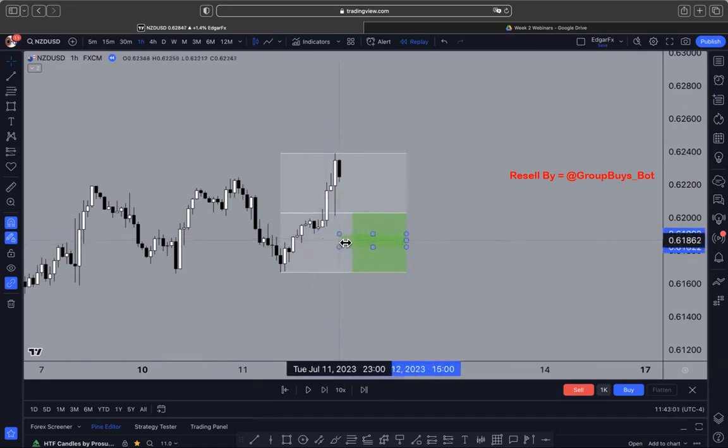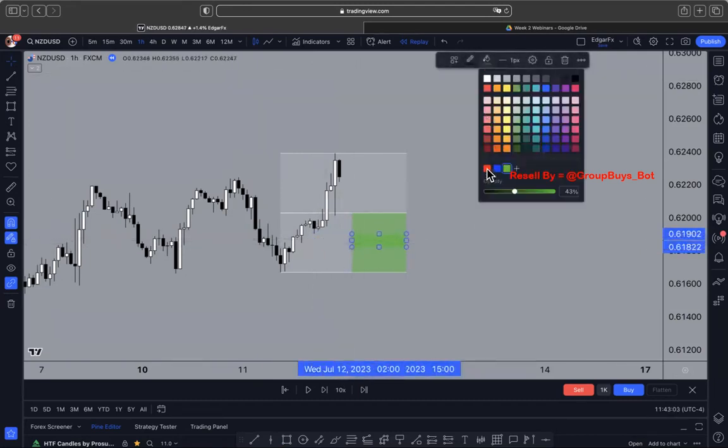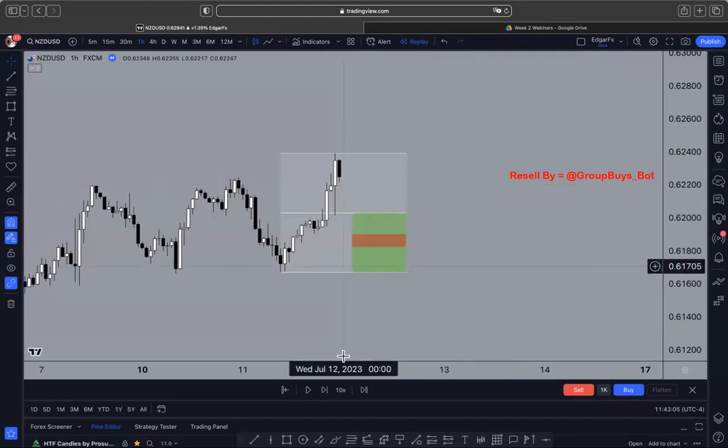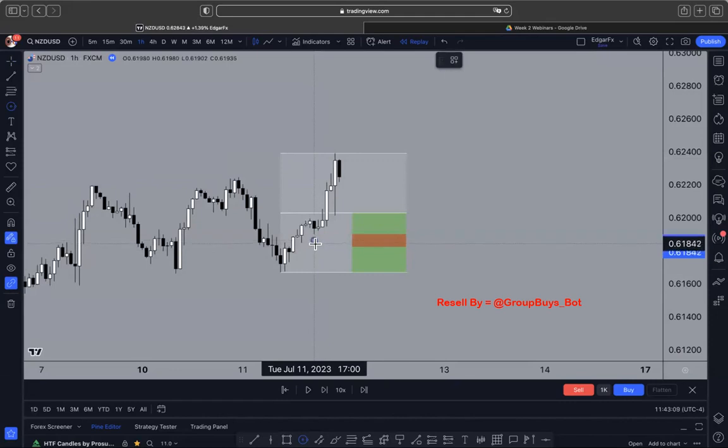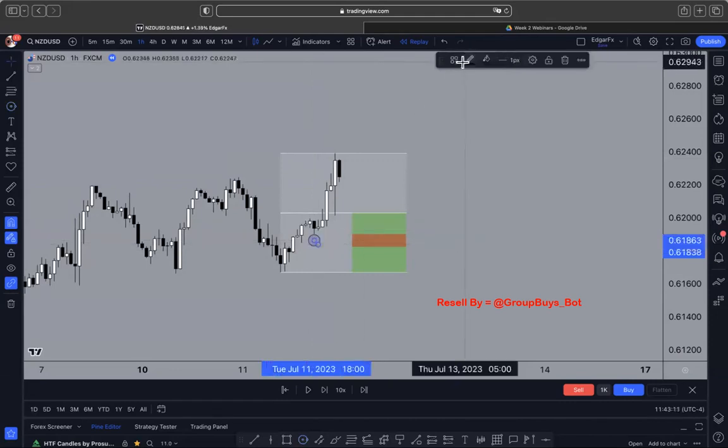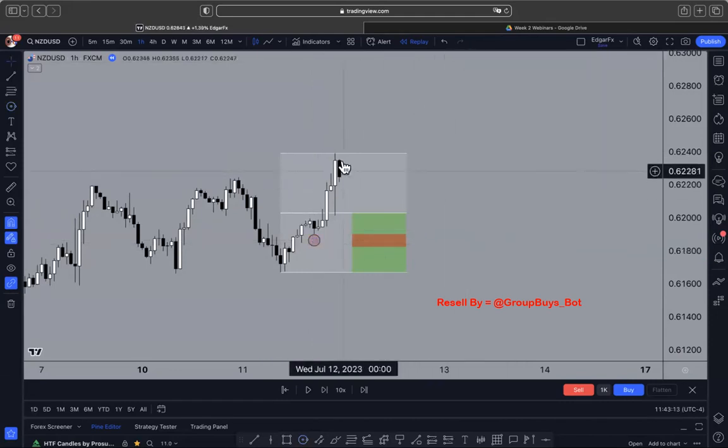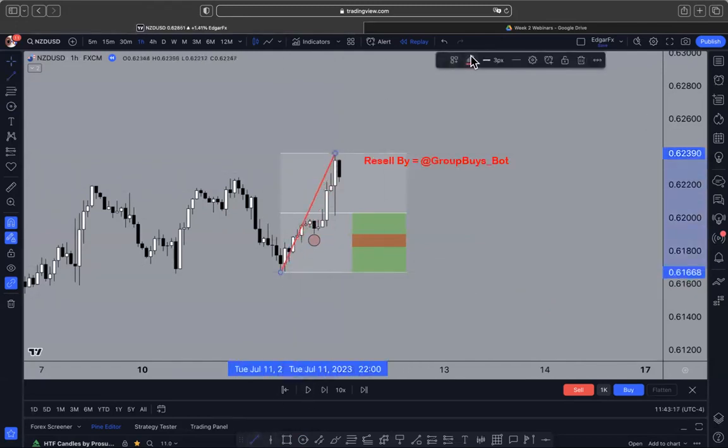See, so I narrowed it all down. That's where I could find sell stops inside of this range created from this low to this high.